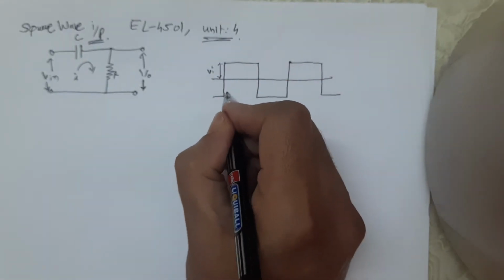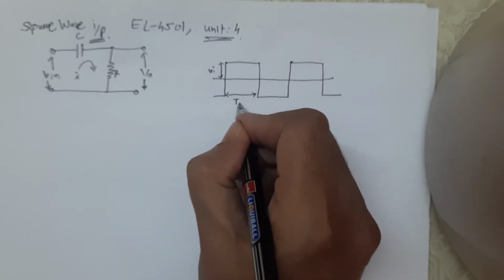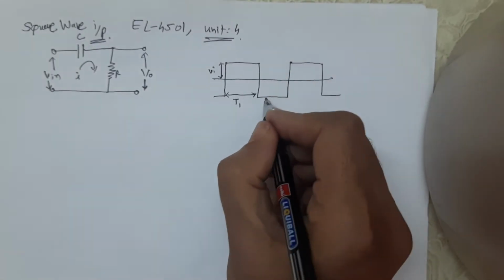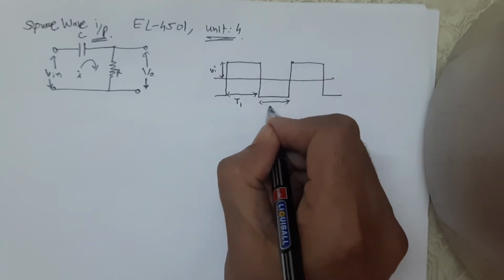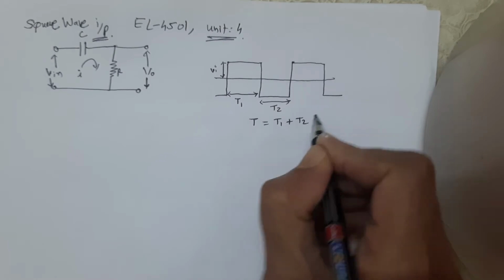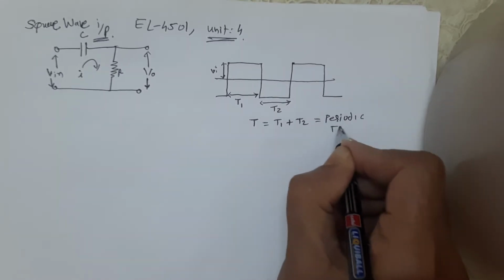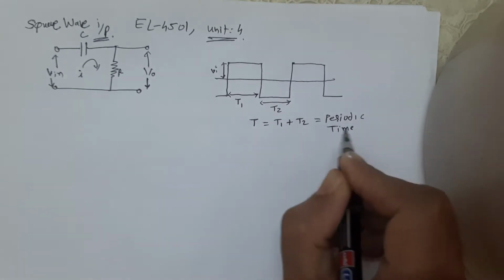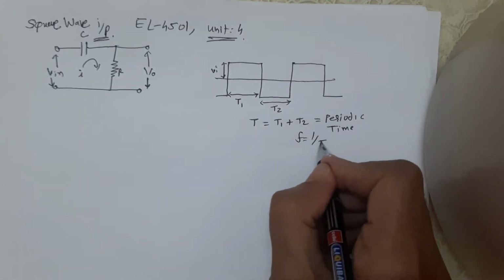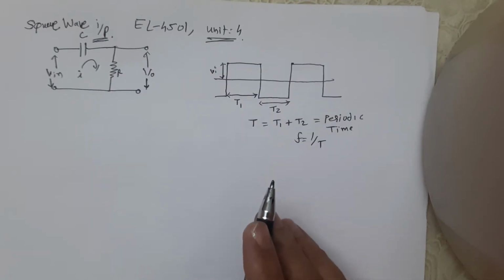This is the periodic time. Now pulse width or square wave width T1. This is square wave width T2. Capital T is equal to T1 plus T2, and it is known as periodic time, and frequency is equal to 1 upon T.